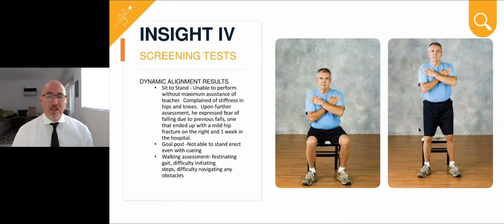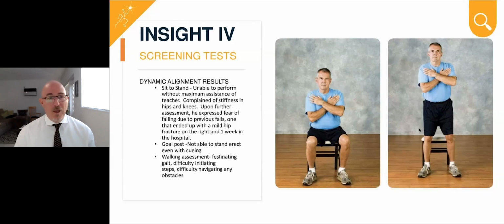It was because he could not get his weight forward on his chair to be able to initiate standing up. A lot of times what you'll see is they get stuck back in the chair and they can't initiate the forward momentum. So we have a lot of interventions to try to get the weight to shift back over the feet and to use the body in its appropriate way to come up, right? So definitely a problem there.